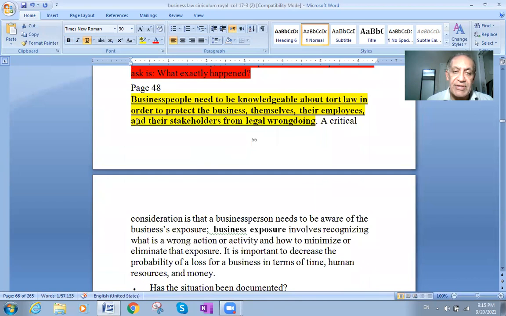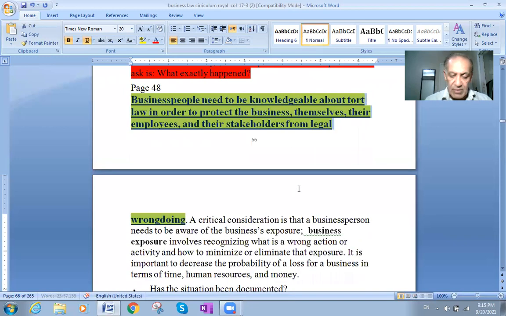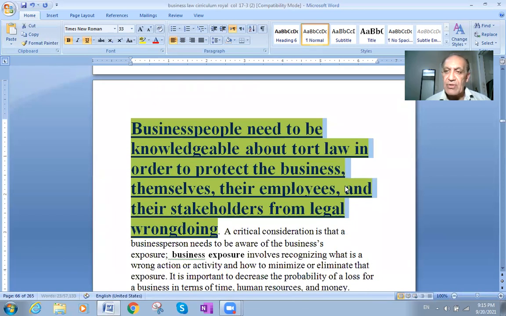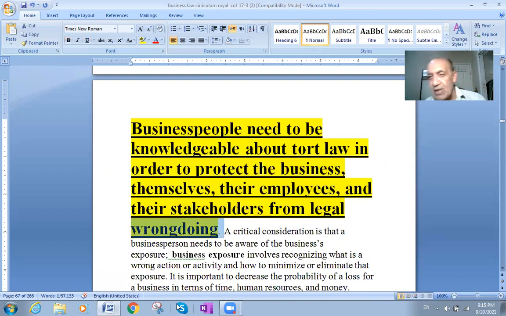Also, we need to know this: the business needs to be knowledgeable about tort law in order to protect the business. I'm a businessman, so I have to be aware of tort law in order to protect the business itself, its employees, and the stakeholders from legal wrongdoing.